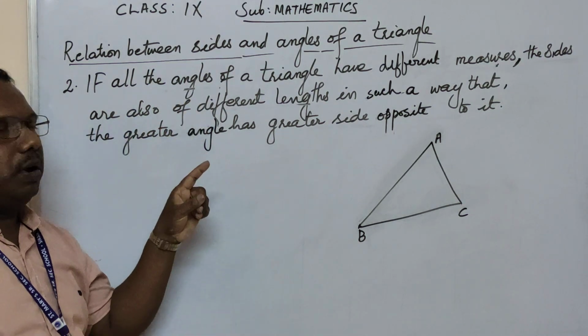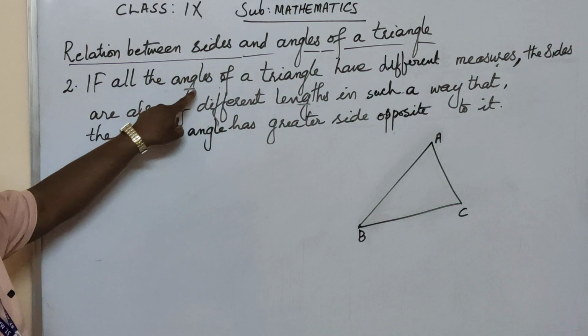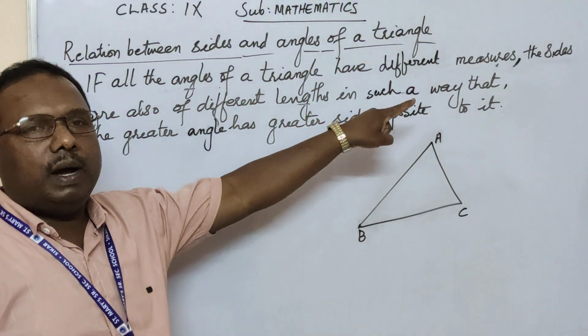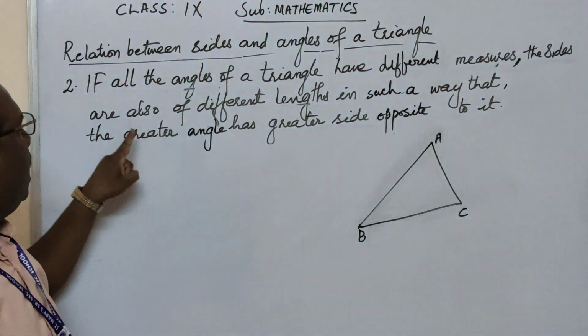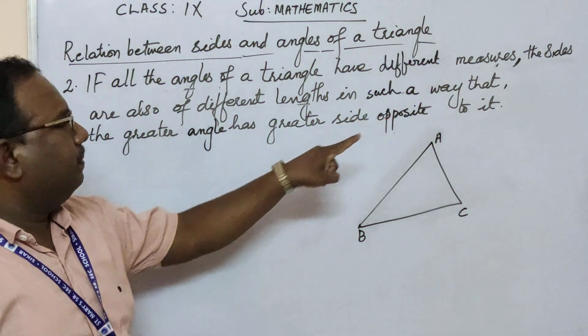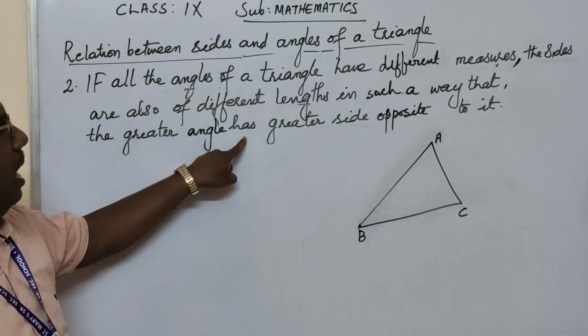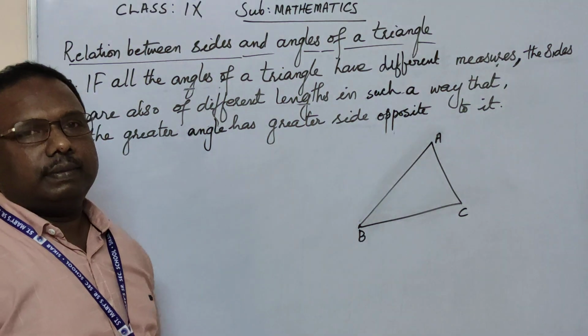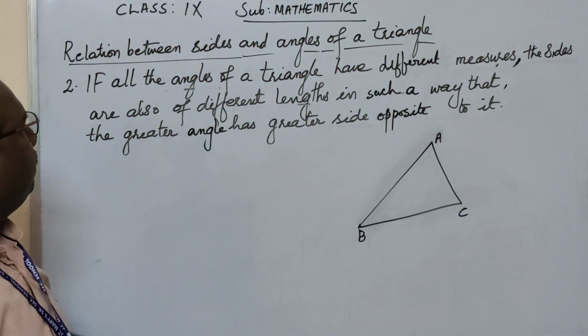Read the second point. If all the angles of a triangle have different measures, the sides are also of different lengths in such a way that the greater angle has greater side opposite to it. Let's read one more time.